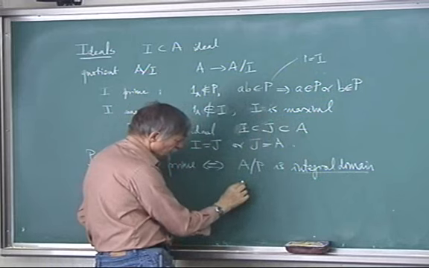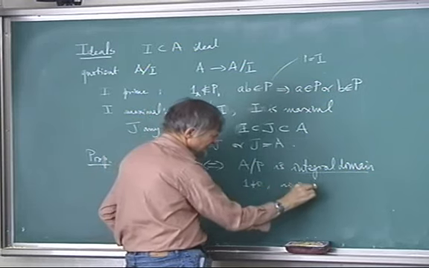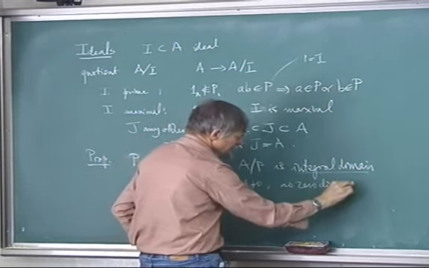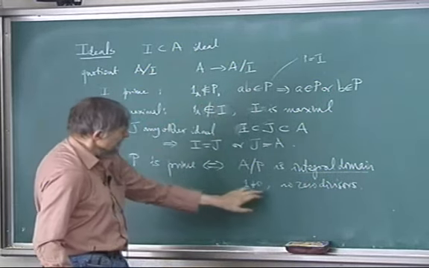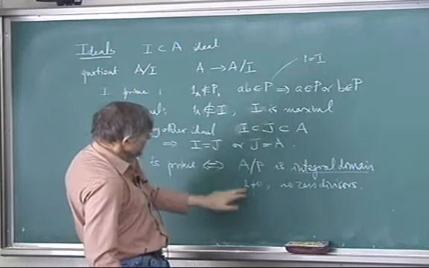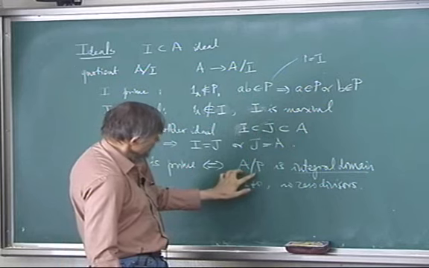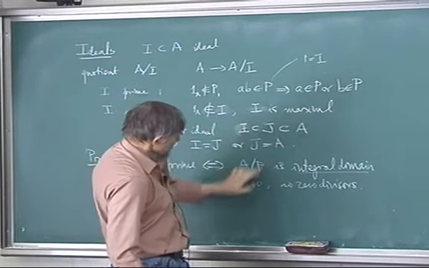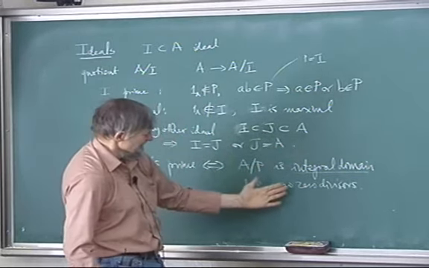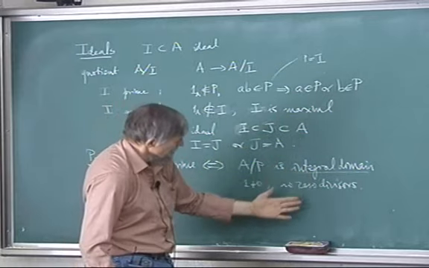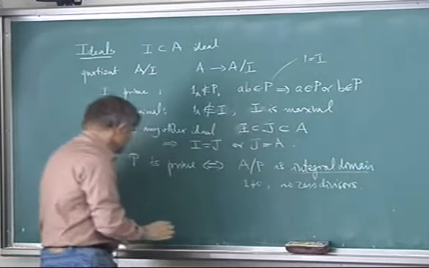I insisted that 1 is not equal to 0 and no 0 divisors. So 1 not equal to 0 is exactly this condition here. And no 0 divisors means if I have two elements in this quotient which are not 0, so an element A which is not in P and B which is not in P, then the product is still not 0. I'm not allowed to have two non-zero elements multiplying to 0, and that's just basically repeating this condition.